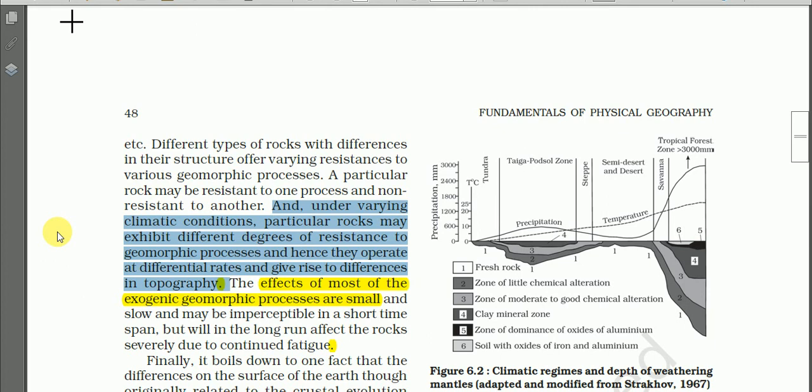So, because of variation in the climatic condition, the action of these geomorphic processes may be different, and because of these differences we find differences in the landscape on the earth's surface.